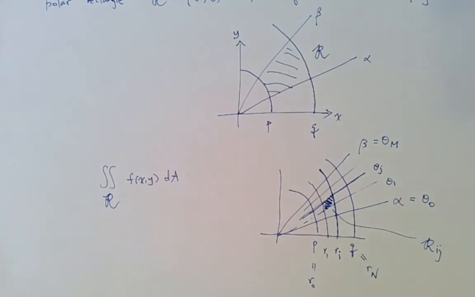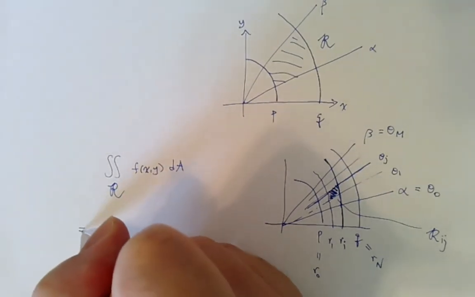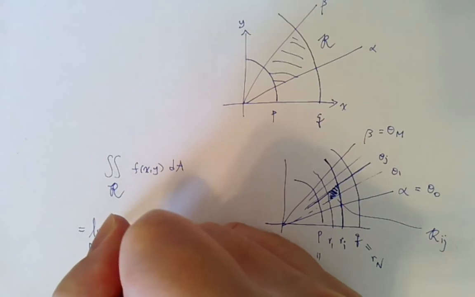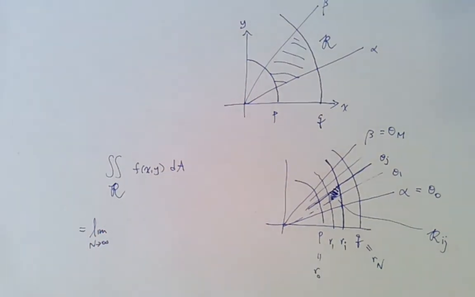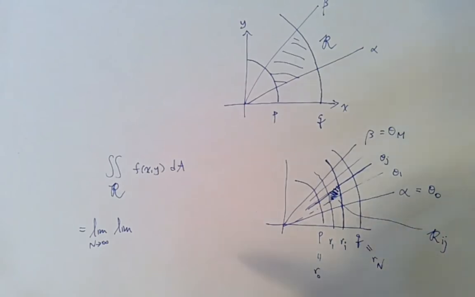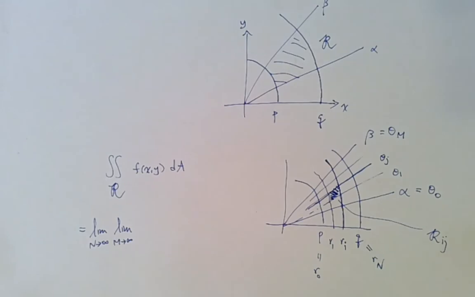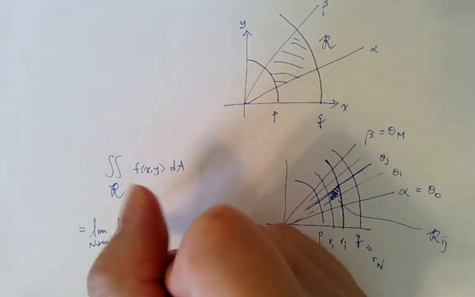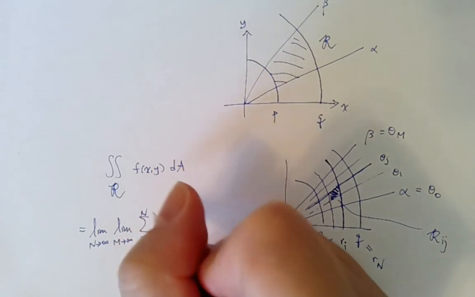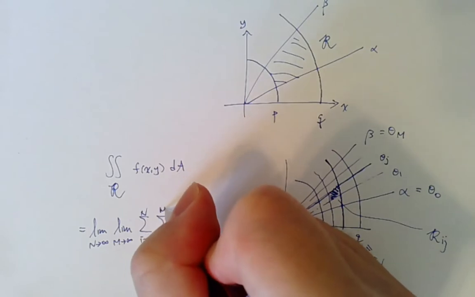So what we would usually do is let this equal the limit as the number of pieces goes to infinity in both directions, n and m. And then we would sum up what we get in each region, sum i going from 0 to n, j going from 0 to m.